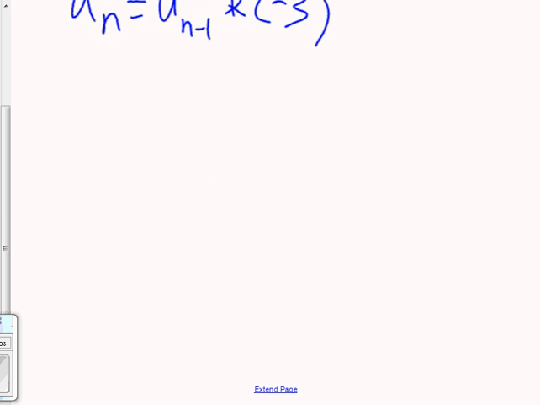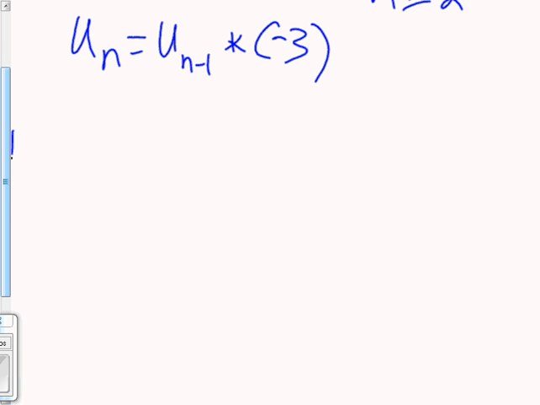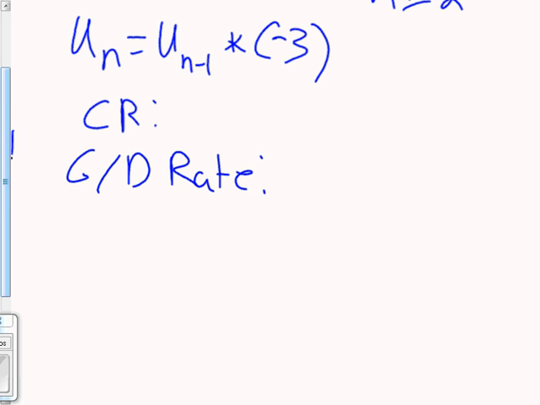Same thing. We are looking for our common ratio, and we're looking for a growth/decay rate. Once you get that, show that to me there. Awesome.